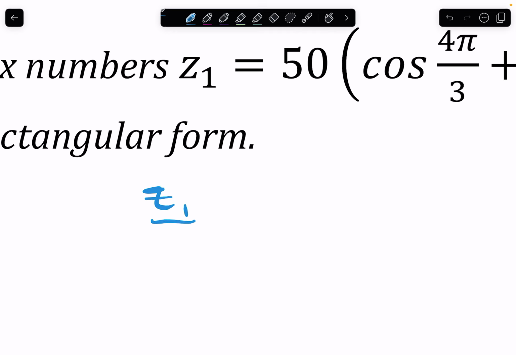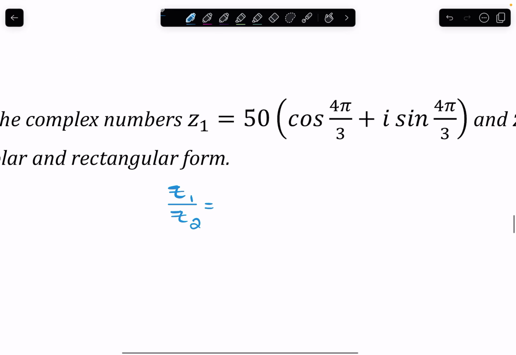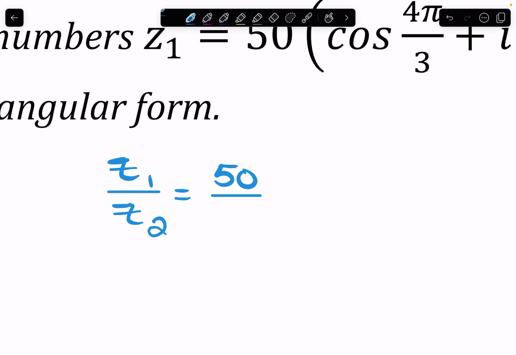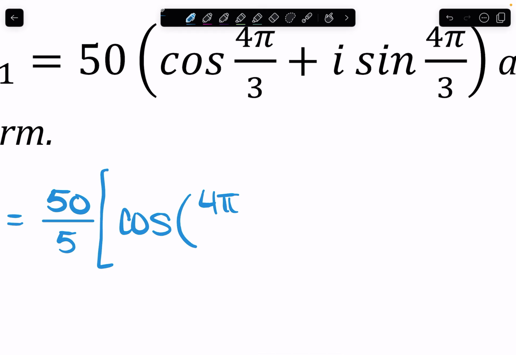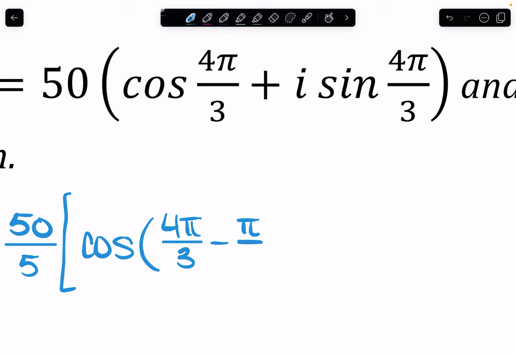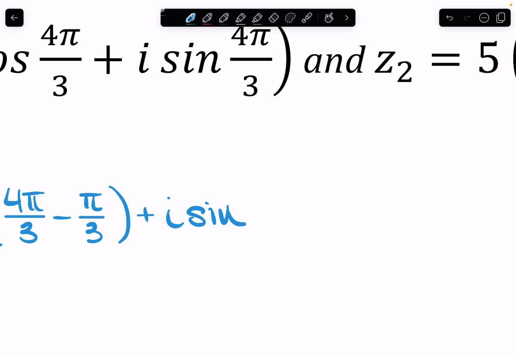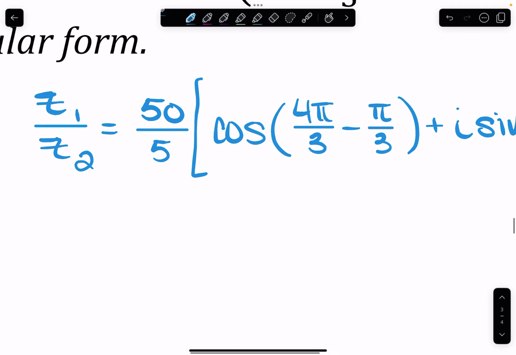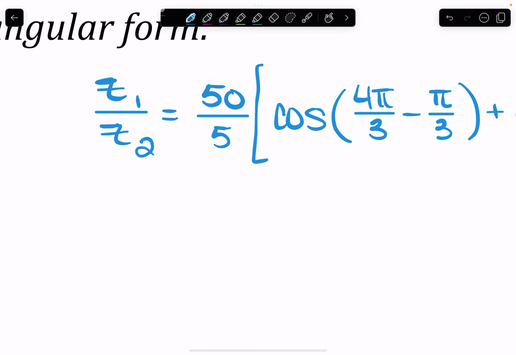So we take our radii and divide them, so 50 divided by 5, times the quantity cosine first minus second, so 4 pi thirds minus pi thirds, plus i sine first minus second, 4 pi thirds minus pi thirds. So we do the little math here: 50 divided by 5 is 10.